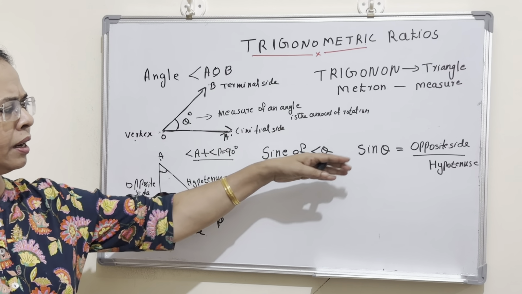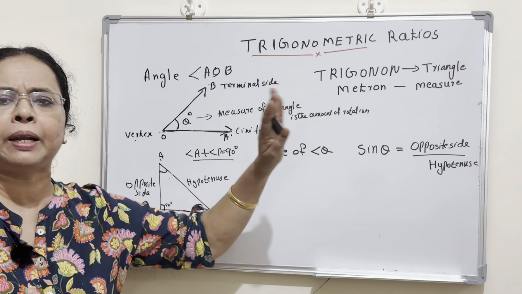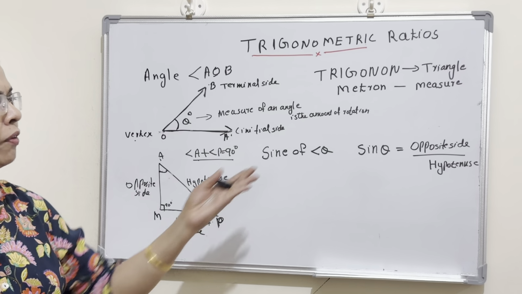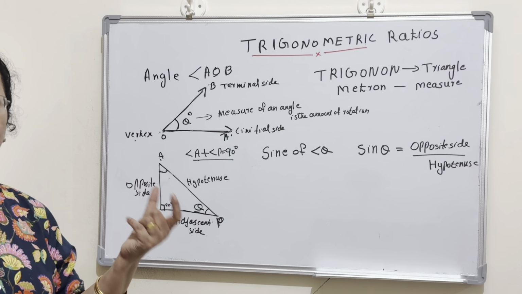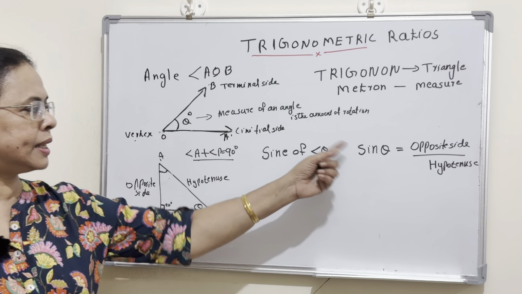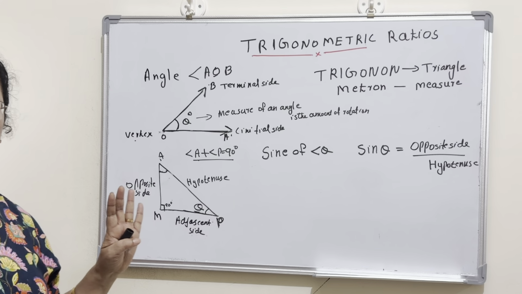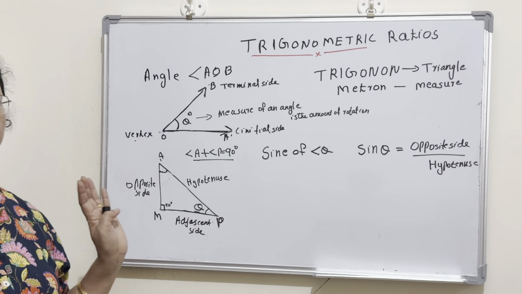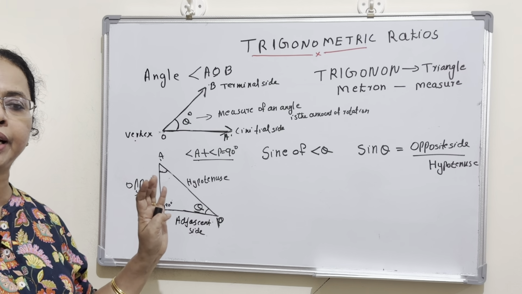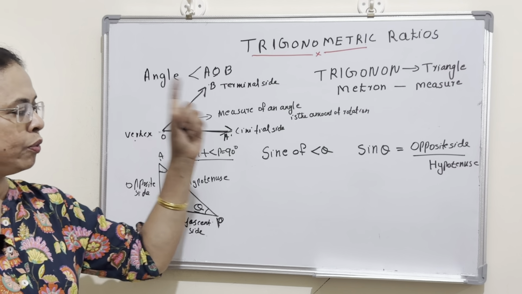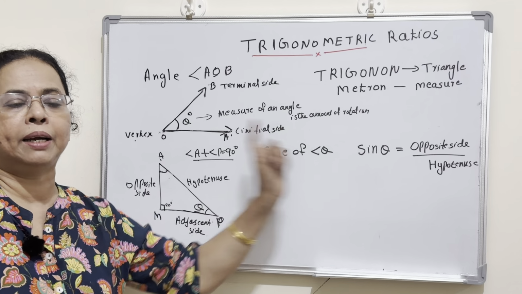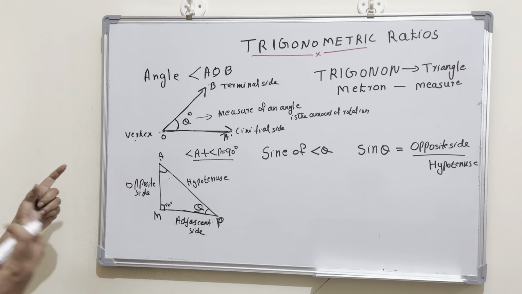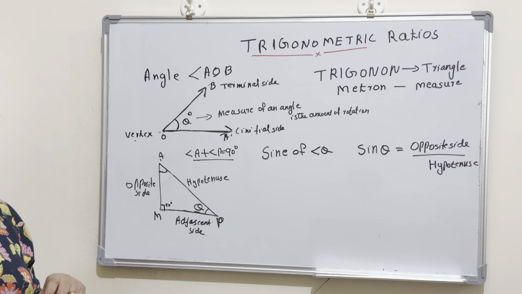So, we are considering the same type of unit, but when you divide you get a ratio that does not have any unit. So, sine of angle theta is a ratio connecting which sides? Opposite side and hypotenuse. Sine of an angle theta is the name for the ratio of opposite side by hypotenuse. In the same way we have to study six ratios.